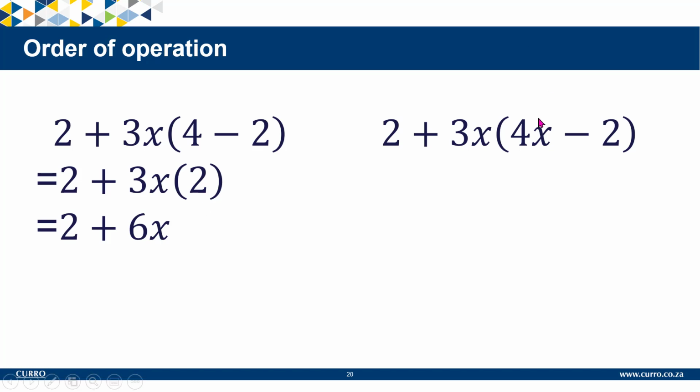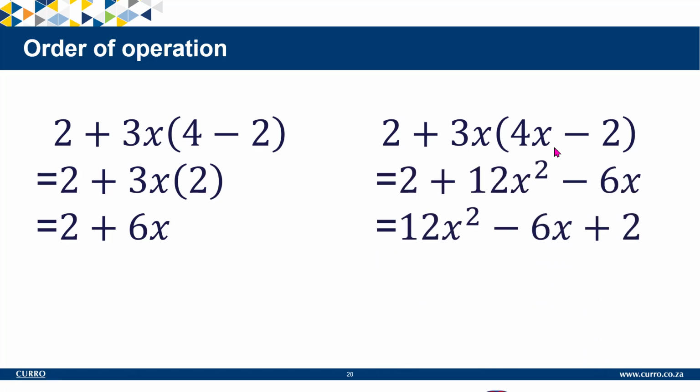In the second example, we cannot calculate the bracket. But do you still remember distribution? We can use distribution, so we can multiply the 3x by the 4x, because this property works if you multiply a number by a bracket where there's addition or subtraction in the bracket. And that will give you 12x squared, and 3x times negative 2 is negative 6x.